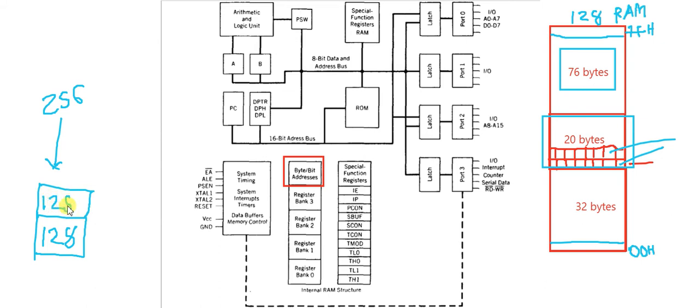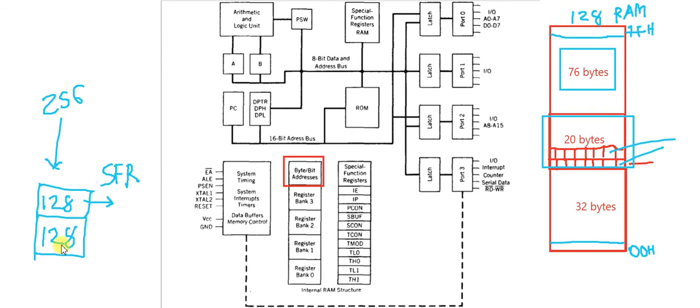we cannot use directly in our program, but in this place there is an SFR, which is the important part of the microcontroller, which is designed in this RAM area.